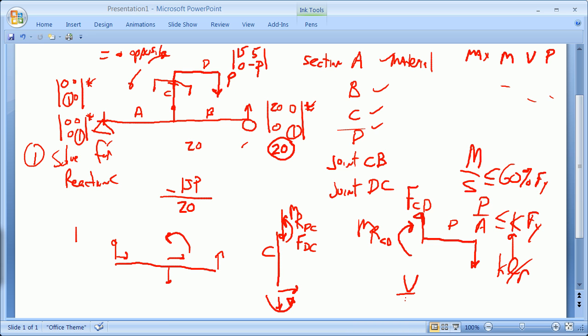And finally, V over A should be less than or equal to 40%. In all reality, these add together, and you're not allowed to have maximum bending, maximum shear, and maximum axial force on a structure. So there are some coefficients used to add those together.